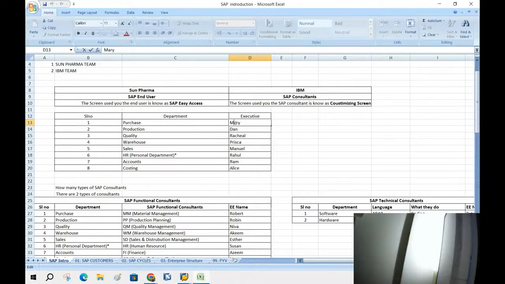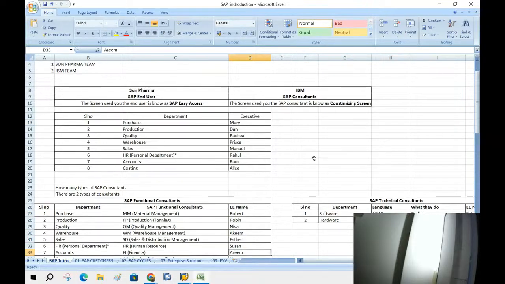The process of Sun Pharma is known to Mary in and out. So she may say, these are the kinds of reports which we want from your SAP. The consultant will be sitting with Mary and trying to understand the customization part. Then the production executive, Dan, will be sitting with Robin, the IBM PP consultant. What is PP? Production planning consultant. And similarly, each executive will be sitting with their respective consultants.